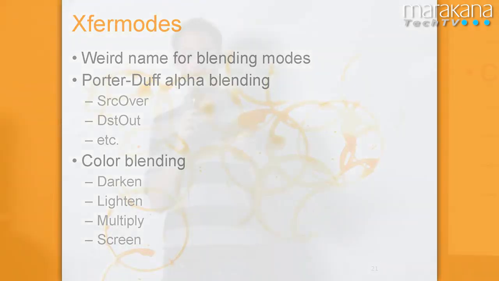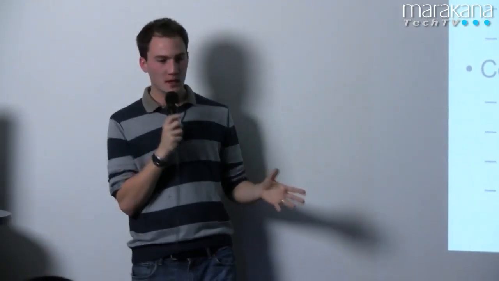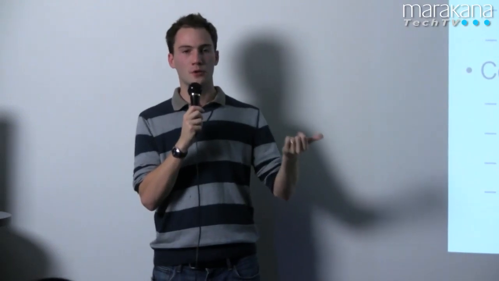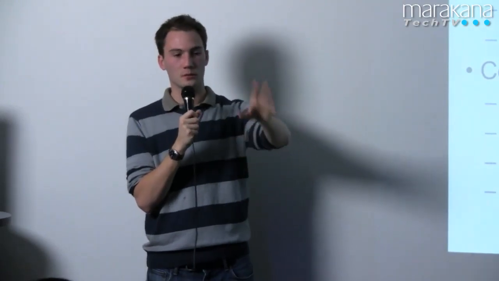So Porter and Duff, two dudes who wrote this awesome paper. I believe it was in 1984, 82. Yeah, a long time ago. And they defined 12 blending equations that basically define graphics as we know it today. Those 12 equations define how transparency affects colors. So this is what gives you cool 3D movies and cool graphical effects in computers today.